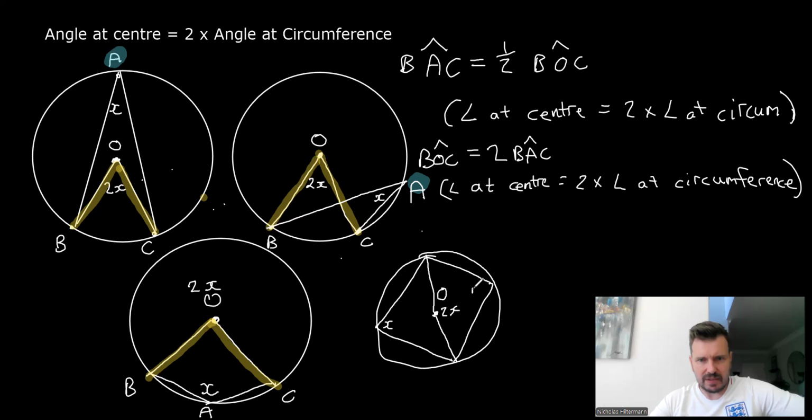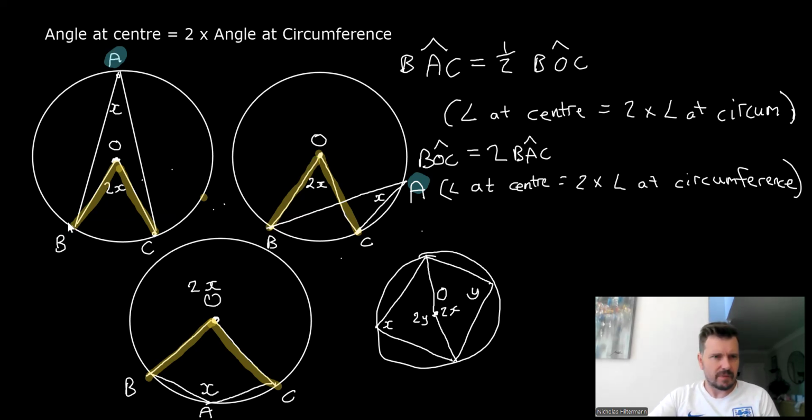And if this is Y, this is 2Y. Does that make sense, or should I draw it a little bit differently? No, that does make sense. Okay, cool.